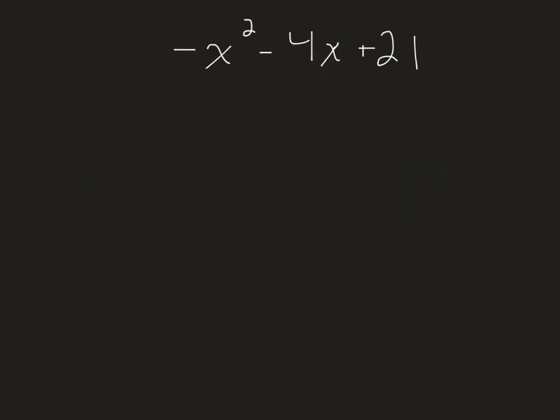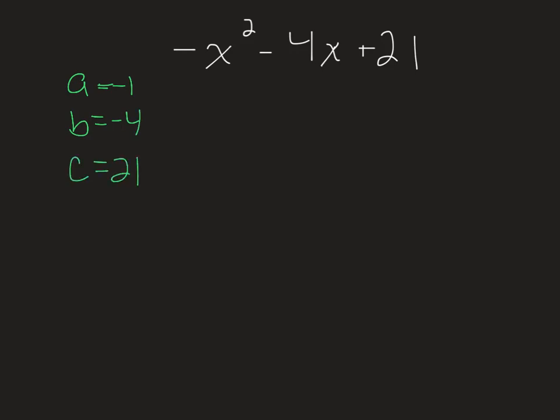Moving on to some trinomials. Here we have negative x squared minus 4x plus 21. If you are looking at your A, B, and C, this is in standard form. So my A is negative 1, my B is negative 4, and my C is 21.